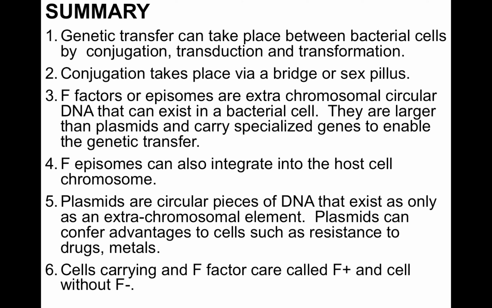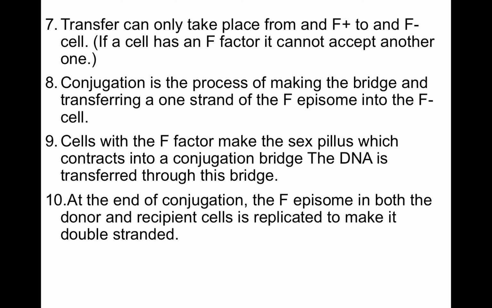Cells carrying an F factor are called F+, and cells without it are F-. Transfer can only take place from an F+ to an F- cell. If a cell has an F factor, it cannot accept another one.